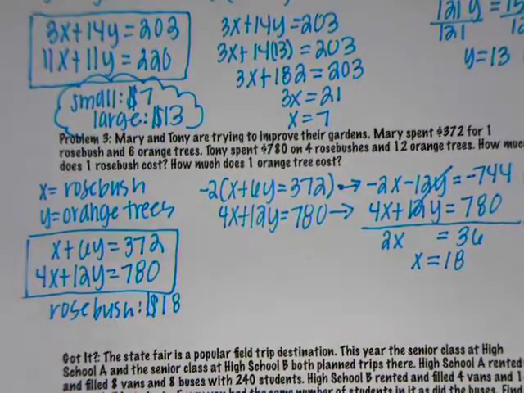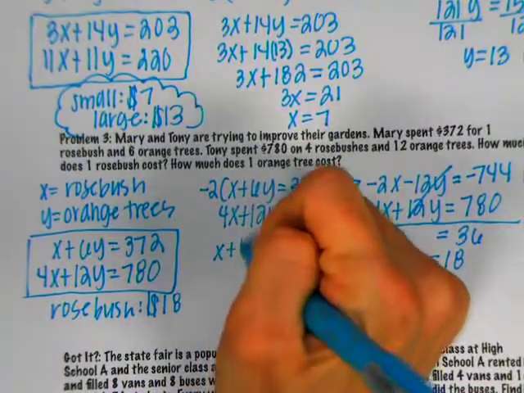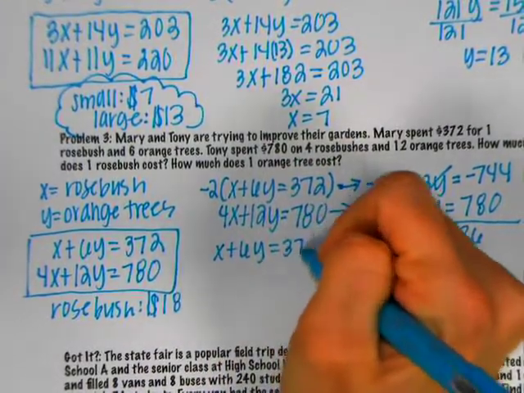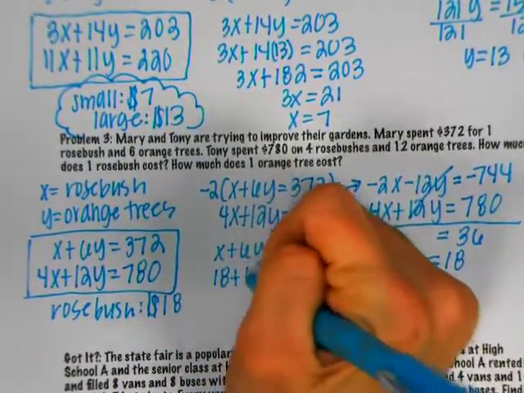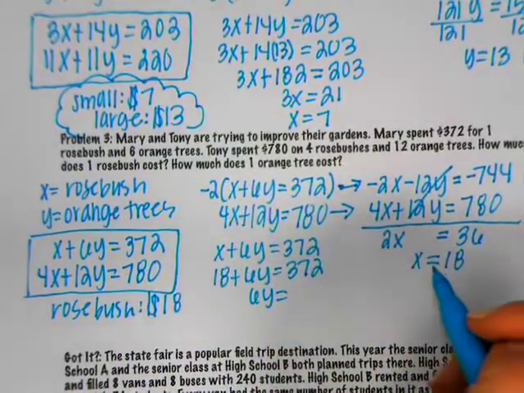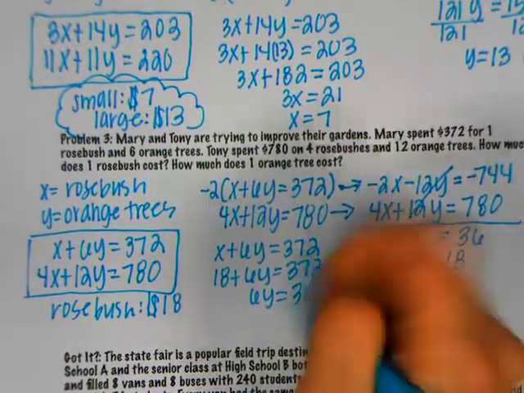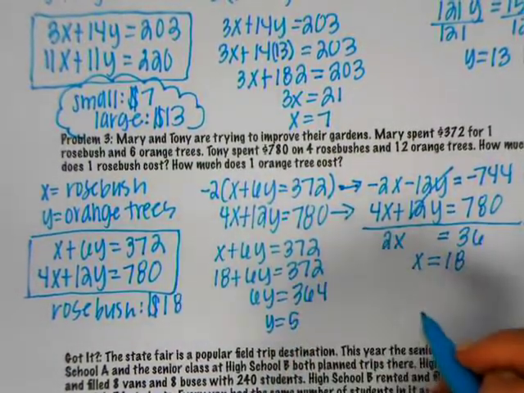Okay. And then I'm going to use the top one. So 18 plus 6y equals 372. 6y equals 354. So what does y equal? What's 59?